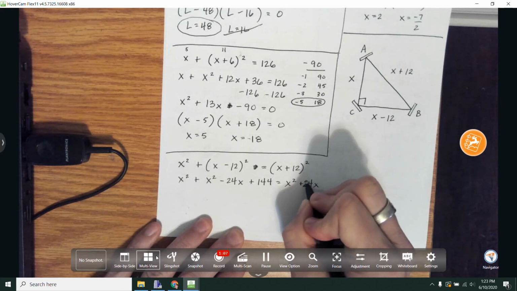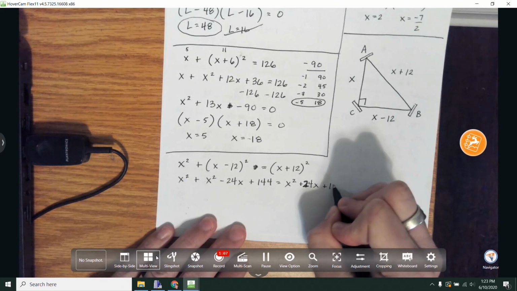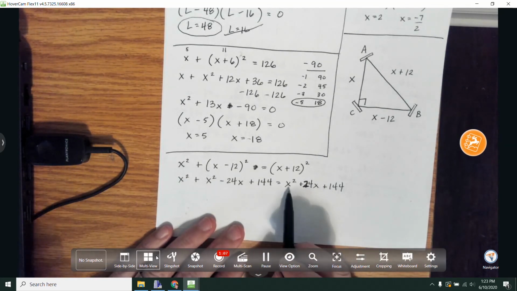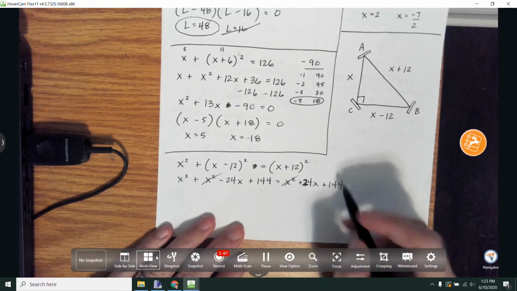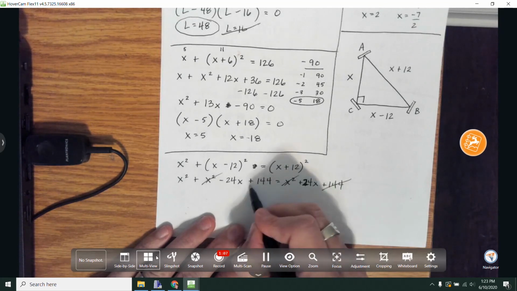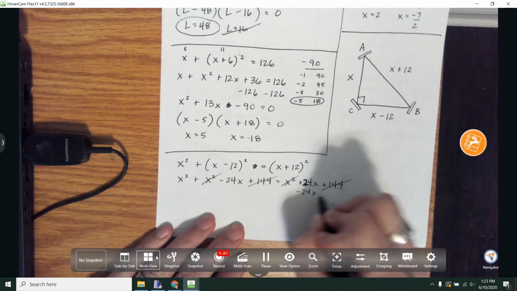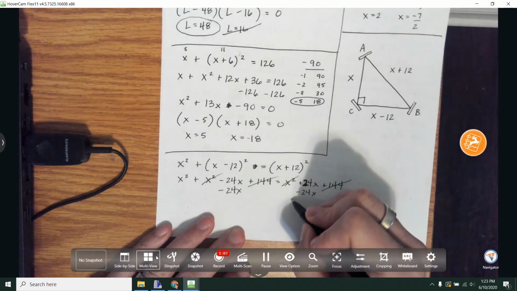Let me make that prettier. Ugh. I don't think that I made it any prettier. All right. One quick thing we can do, we can minus x squared here. That's going to cancel away on both sides. We can minus 144 on both sides. That cancels those two away. So now we're just subtracting 24x on that side, subtracting 24x on this side. Cancels away on that side.